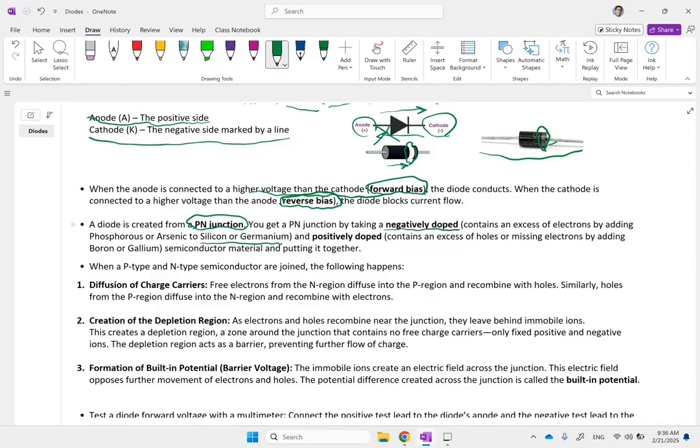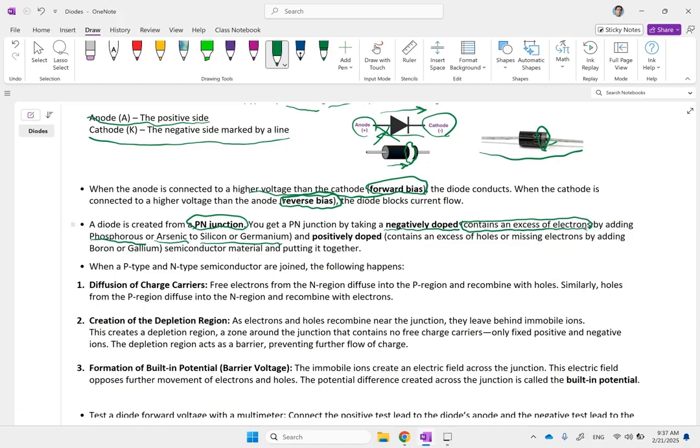That means adding chemical elements like phosphorus or arsenic that have extra electrons, so this side will have extra conducting electrons. That is called negatively doped.